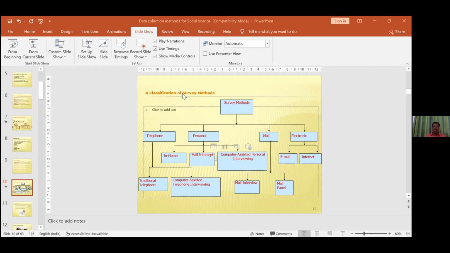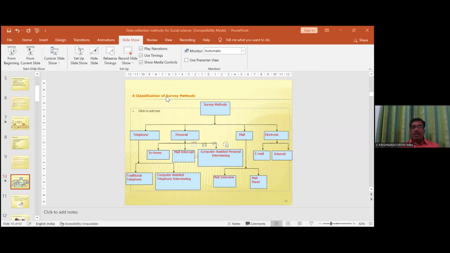Now let's take quantitative data. There are two types of primary data: quantitative data and qualitative data. How can quantitative data be collected? Quantitative data can be collected through the questionnaire method or interview schedule method. This is termed a survey.